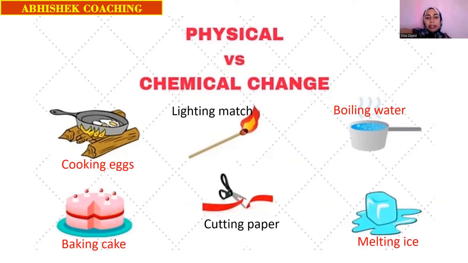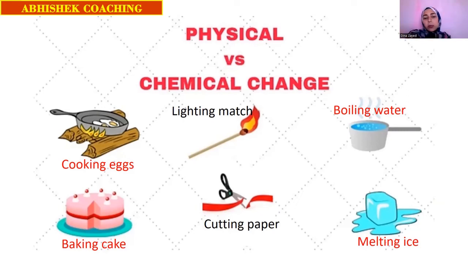Okay, lighting a match. You can light the match. So you have here lighting the match. This is a physical change. Okay, boiling water. When you boil the water, this is a physical change. Baking a cake. When you bake a cake, this is a chemical change, because you cannot bring it back.